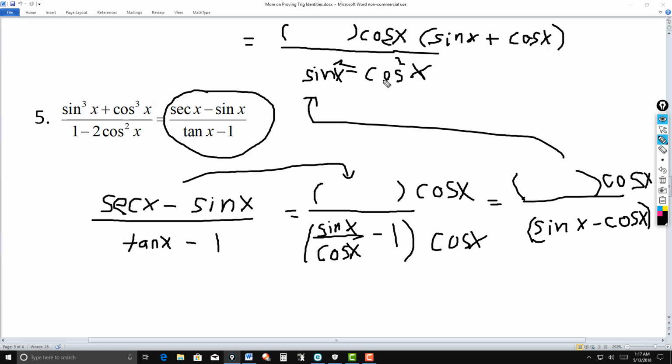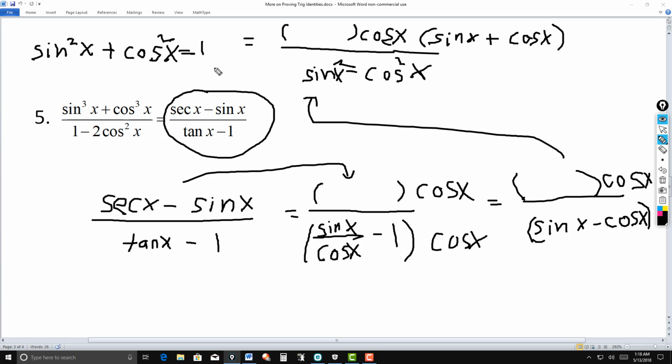And now, I'm getting close. You can see I have a cosine squared there, minus 2 cosine squared. I have minus cosine squared here, so it's just a matter of coefficient. So we know from your Pythagorean identities that sine squared x plus cosine squared x is equal to 1.